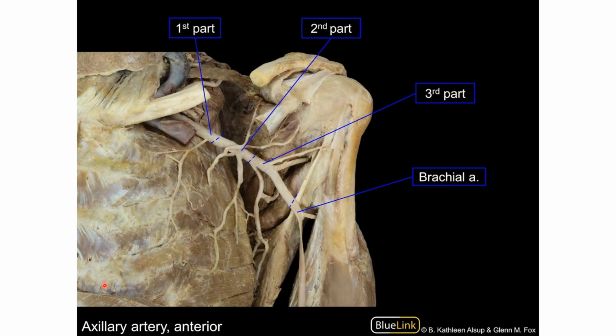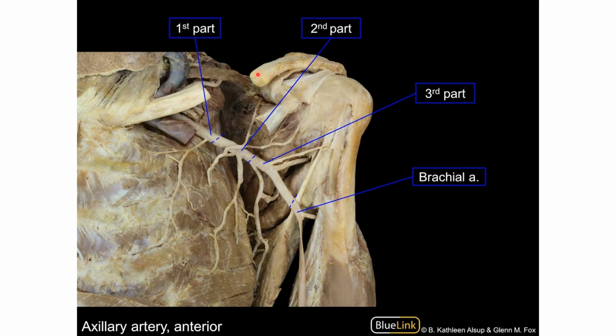Okay, now this is nice. It has everything dissected out except for the artery. So this is not what it will look like really ever, but it's a nice visualization for you to see all the branches. So here's axillary artery, right? We passed the clavicle.